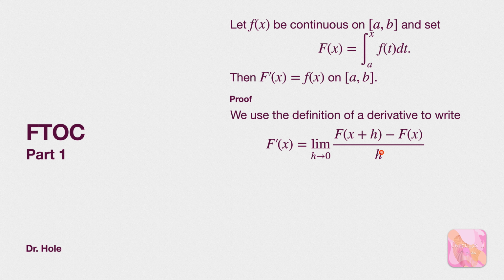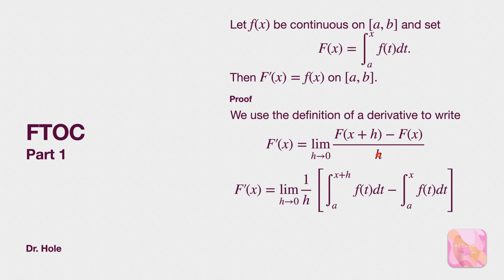Let's do simple manipulations. Let's bring the division by h out into the front as multiplication by the reciprocal of h. And then let's look at this numerator, this difference of F's. Capital F of x is given to us in the statement of FTOC Part 1.